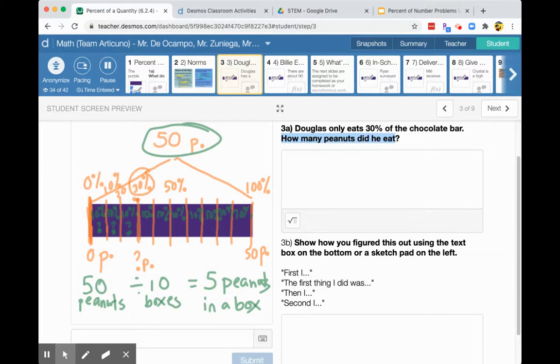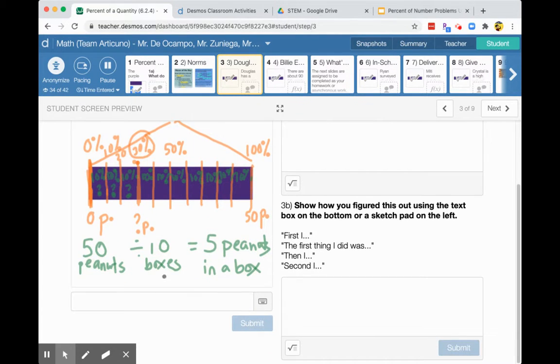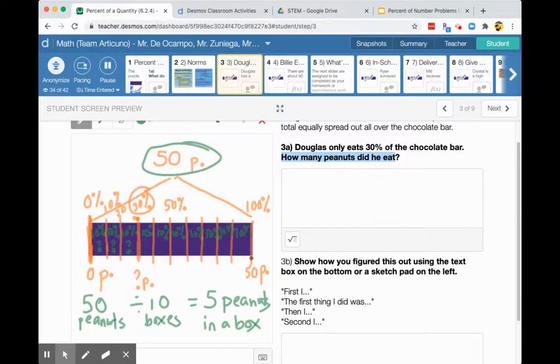Okay. Is division the only way to do this? No, because we could have just said 10 times 5 equals 50. Okay. So wait, there's 5 peanuts in a box. So each of this is 5. Okay, I'm going to mark that. Notice how labeling helps us understand. Okay. Each of these little boxes has 5.